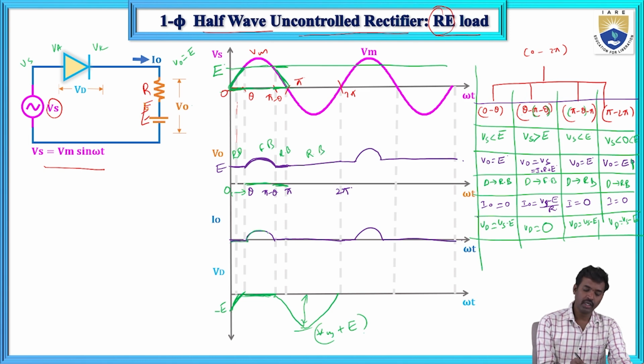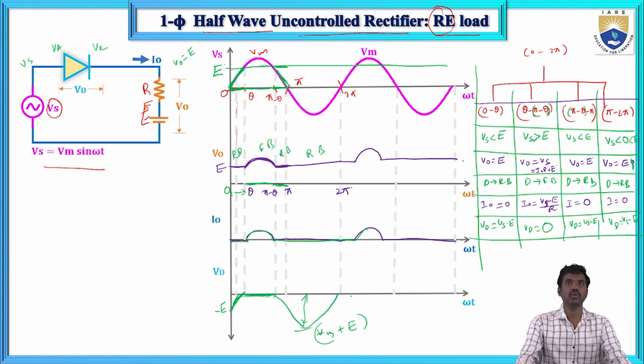So this is the output current, and this is the diode voltage.